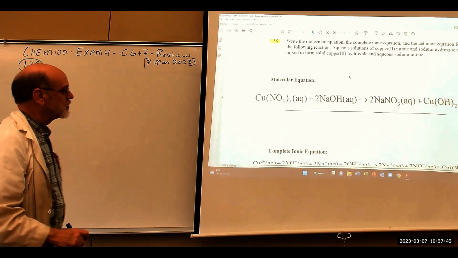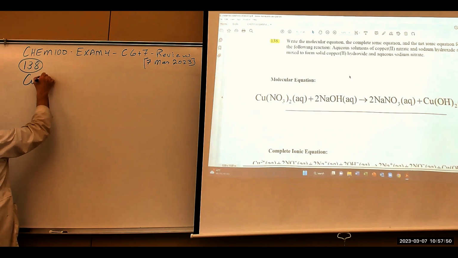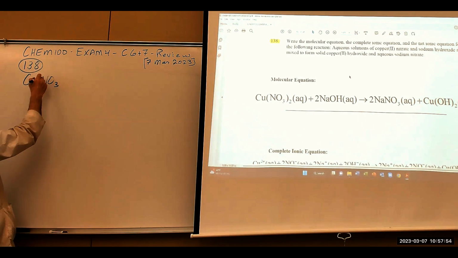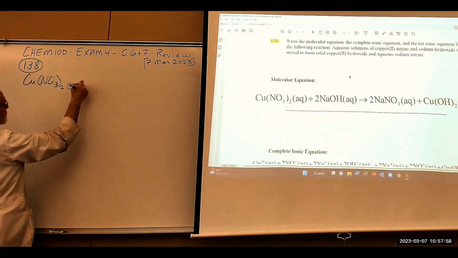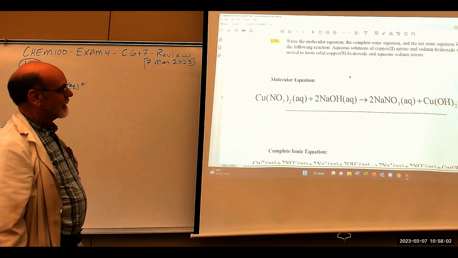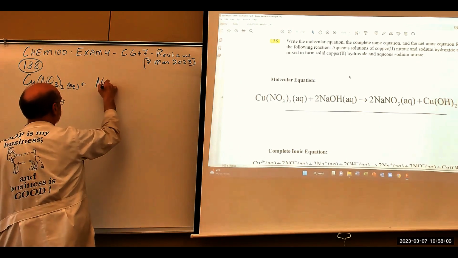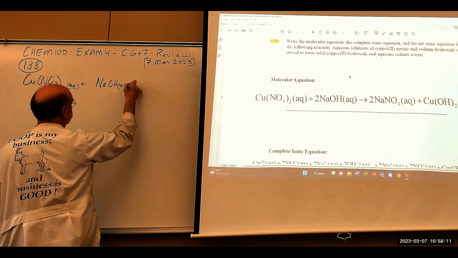Aqueous copper 2 nitrate. This is a -1, that's a +2, so we need 2 of these, and it's in solution. We react that with sodium hydroxide. That's an aqueous solution also.